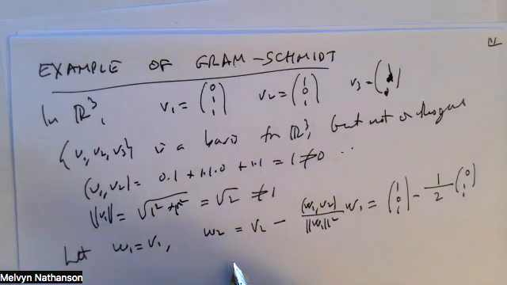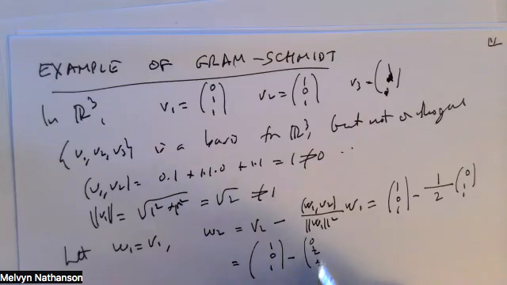So this is 1, 0, 1 minus 0, a half, a half, which is 1, minus a half, a half. So that's my vector W2.